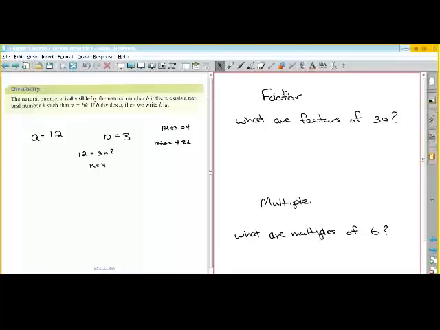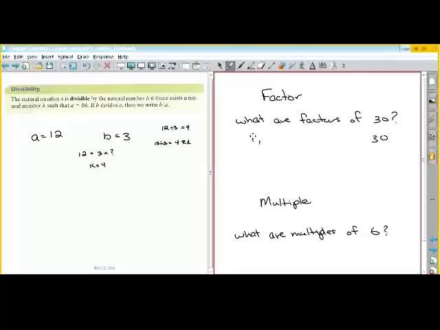So then the question is, what are factors of a number? The factors of a number are the whole numbers, or natural numbers, multiplied together that give you the number in question. So when I think about the factors of 30, I write down the natural numbers that, when multiplied together, give me 30.